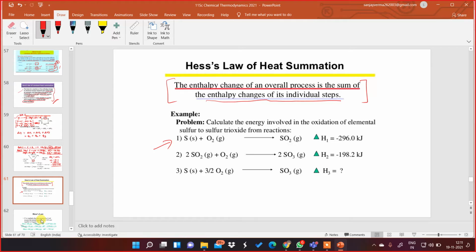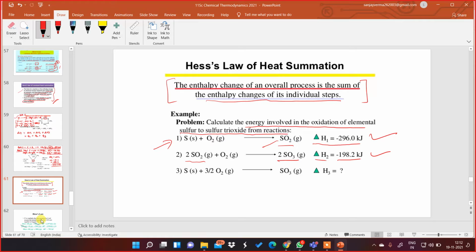They're telling us to calculate the energy involved in the oxidation of elemental sulfur to sulfur trioxide from the reactions given below. In the first step, we are converting sulfur to sulfur dioxide. The enthalpy change is minus 296.0 kilojoules. In the second step, this sulfur dioxide is converted to sulfur trioxide. The enthalpy change is given as minus 198.2 kilojoules.